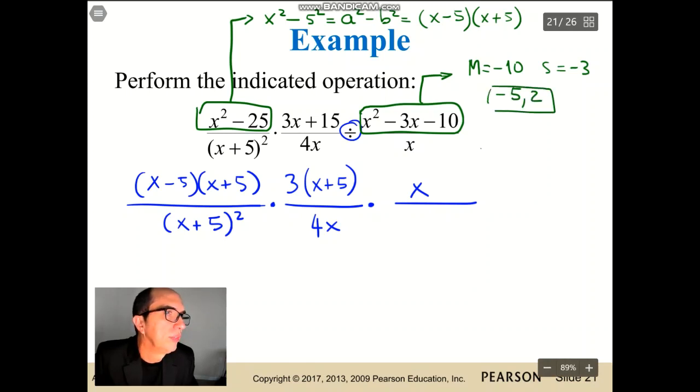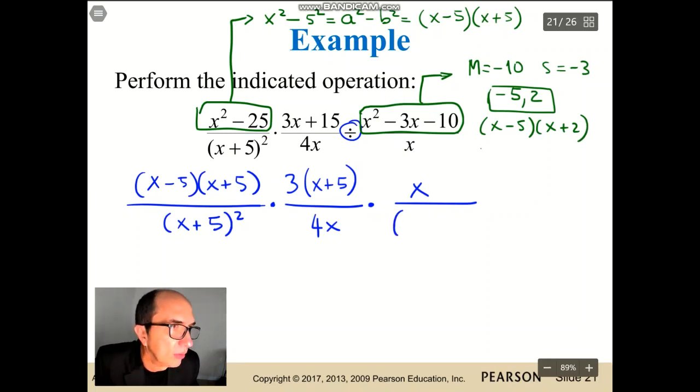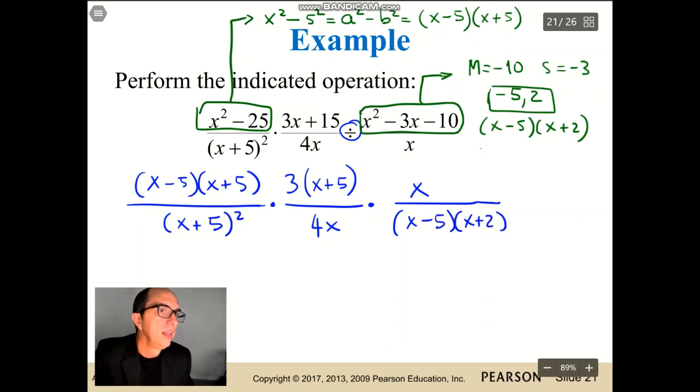We can use negative 5 and 2, because negative 5 times 2 is negative 10, and negative 5 plus 2 is negative 3. And we can rewrite this as x minus 5 times x plus 2. Very good. We will be able to simplify a lot of things.